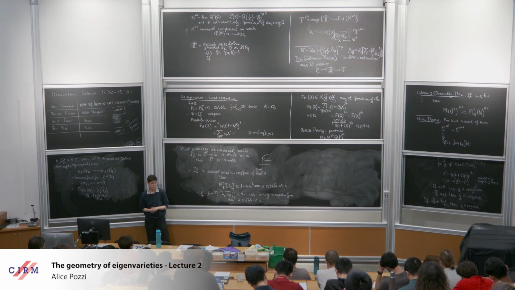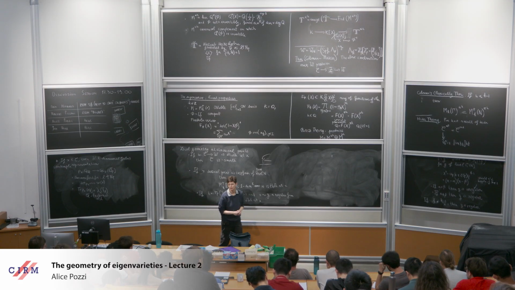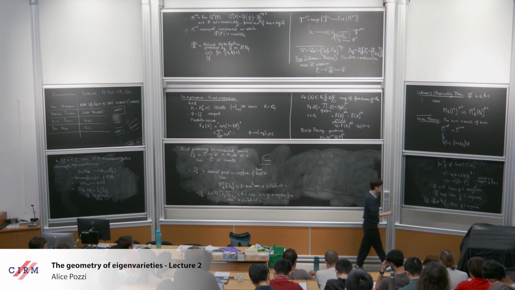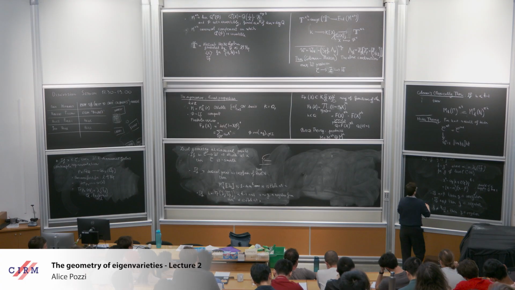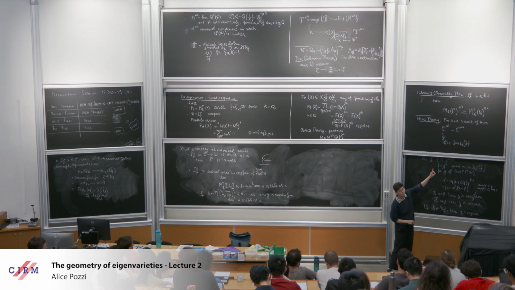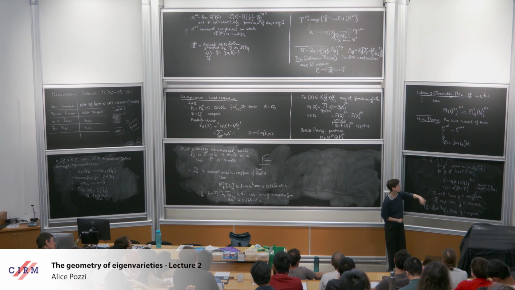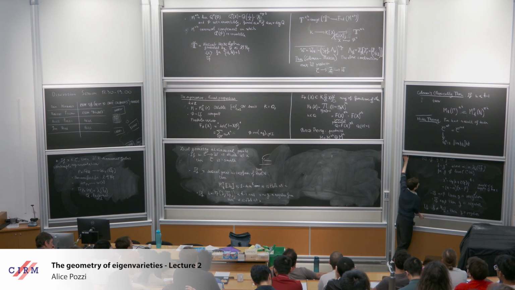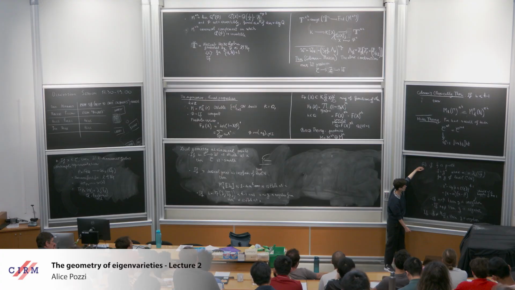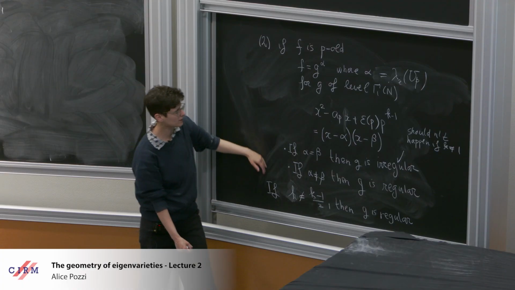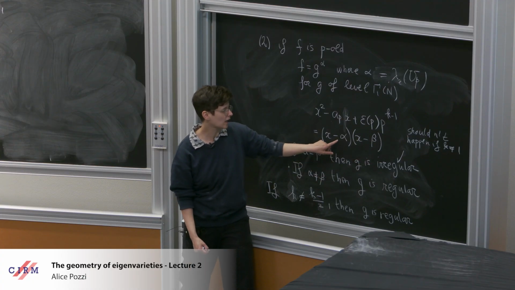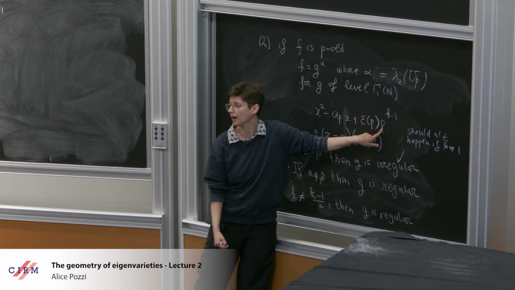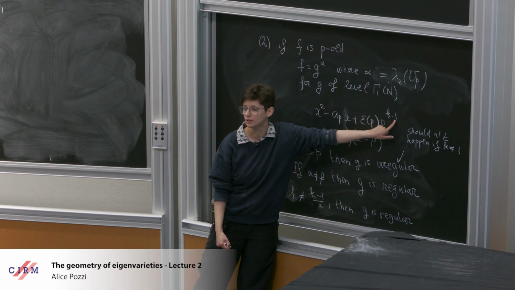The story becomes quite interesting if I look at the case in which the slope is equal to k minus 1. So for classical points, note that we either have that the form is p-old, or in the p-new case, the roots appearing here have sum of valuations equal to this product here, so k minus 1.